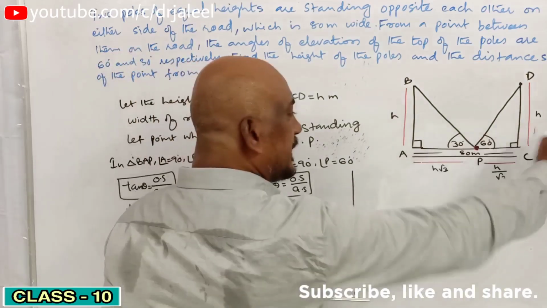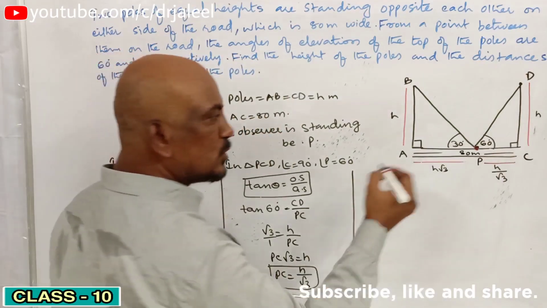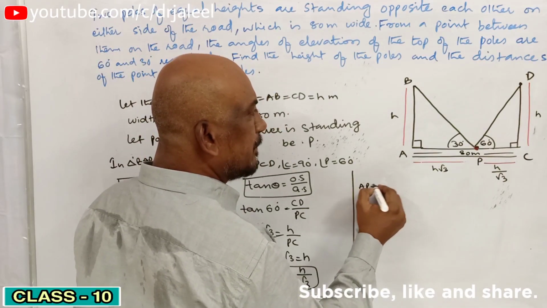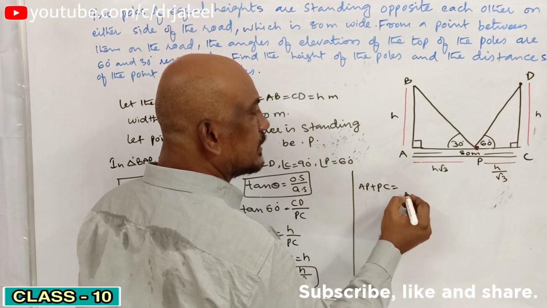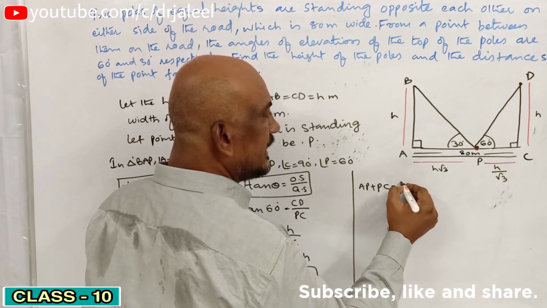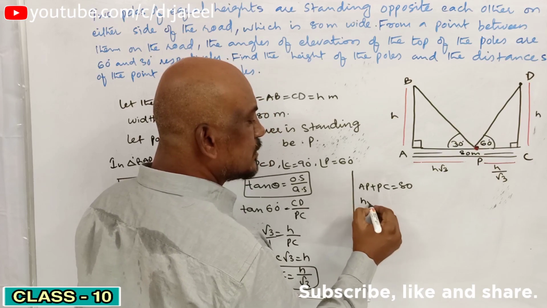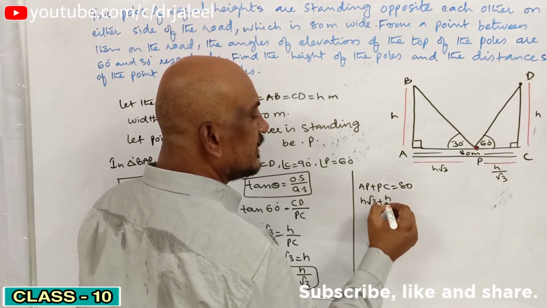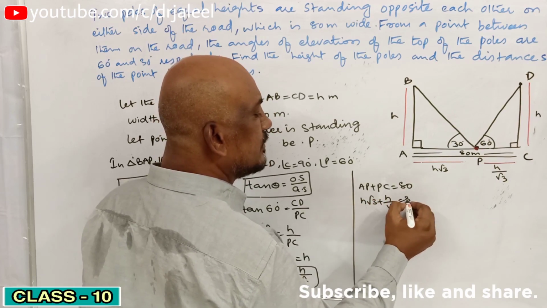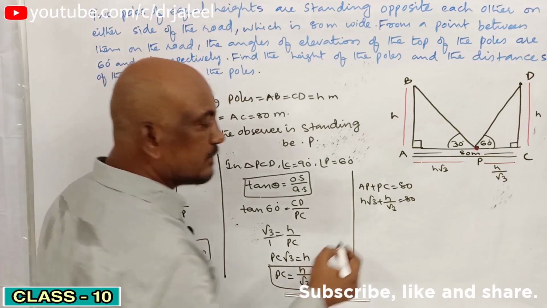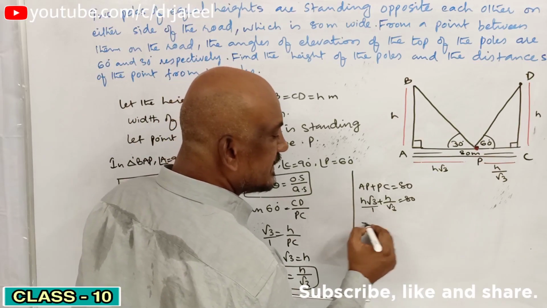Now what is the complete distance? It is 80 meters. So let us do that. AP plus PC must be equal to 80 meters. So H root 3 plus H by root 3 must be equal to 80 meters. Right, beta? So let us take LCM.